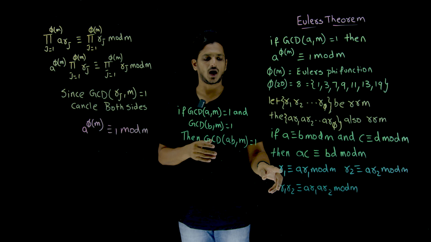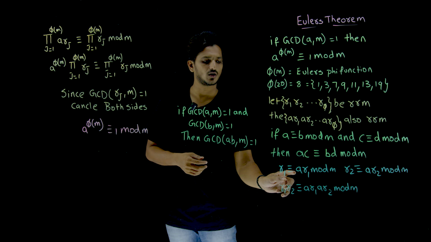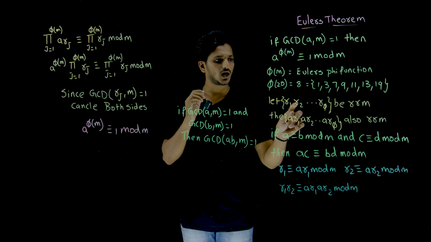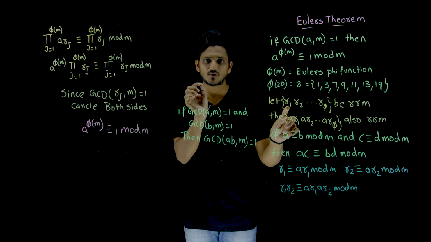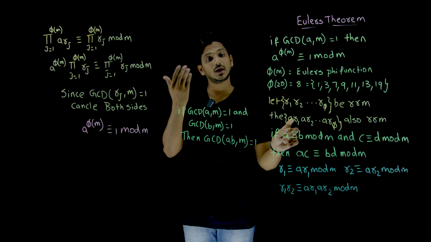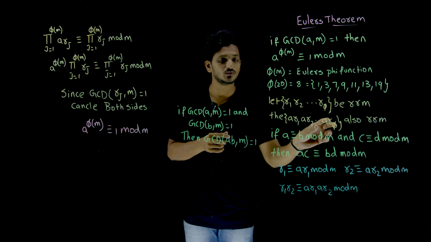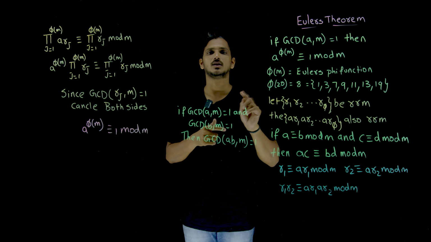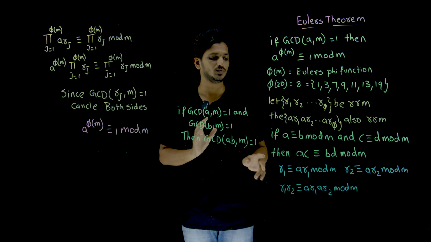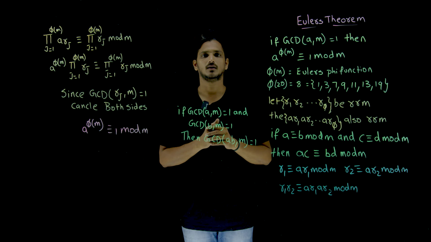Similarly, one of the concepts we are going to use here: R1 congruent to AR1 mod M. See what this is? R1 means one of the values in the reduced residue modulo. Then definitely it may be AR1, it may be AR2, one of these is going to be the same as R1. Which one we don't know. Here we are assuming that AR1 is also the same as R1.